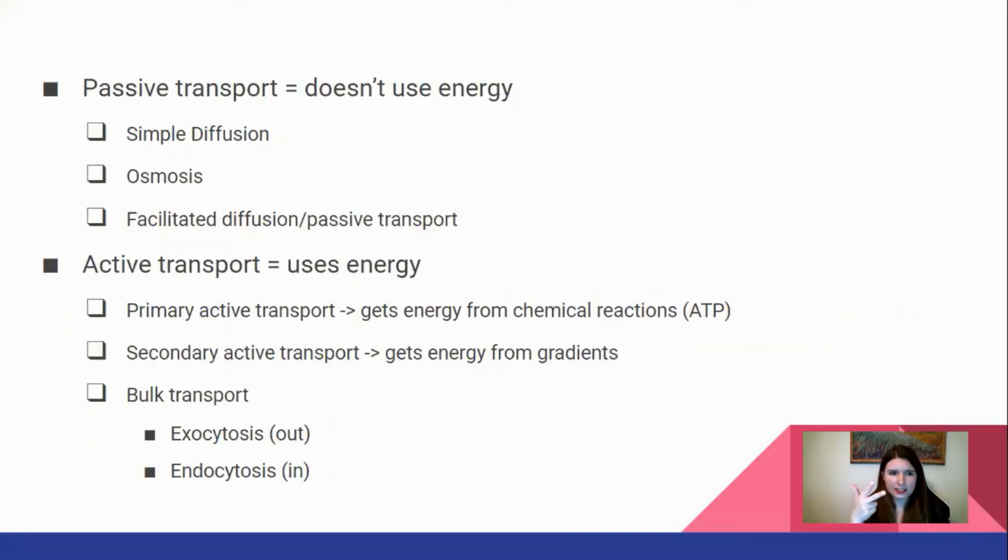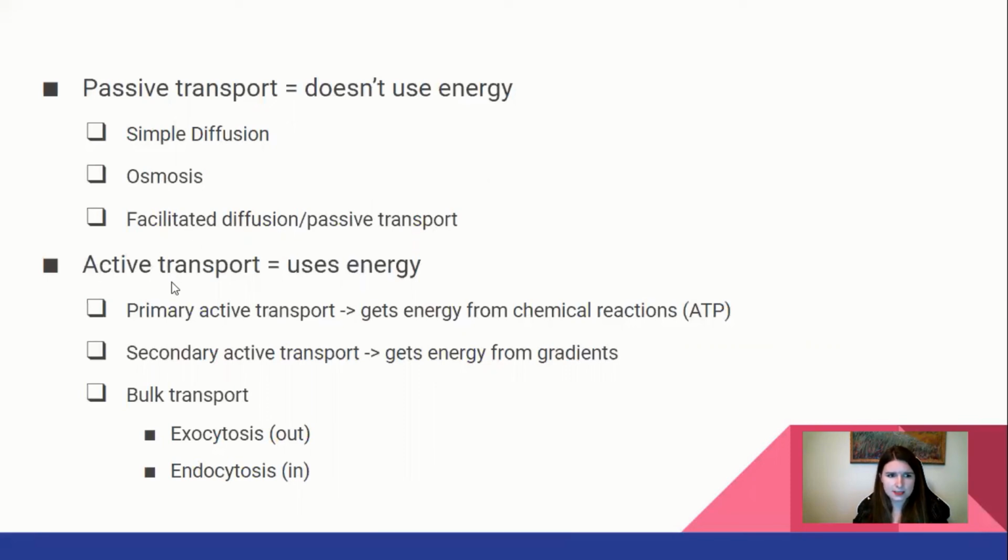Then facilitated diffusion, where our molecules go through usually a channel protein, sometimes a uniporter. All of those are examples of passive transport. They don't require energy. We see molecules moving from areas of high concentration to areas of low concentration. The most typical example is facilitated diffusion, where we're going through usually a channel protein.